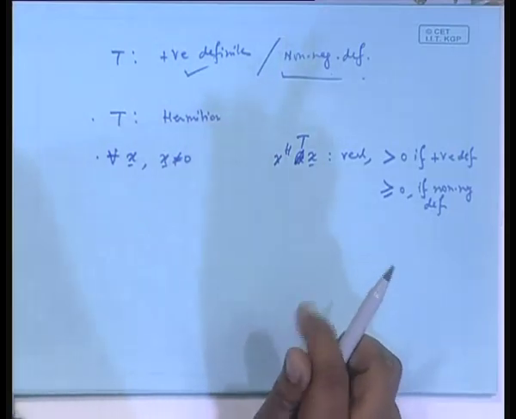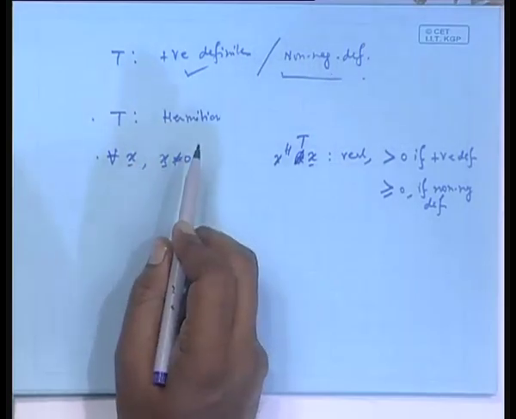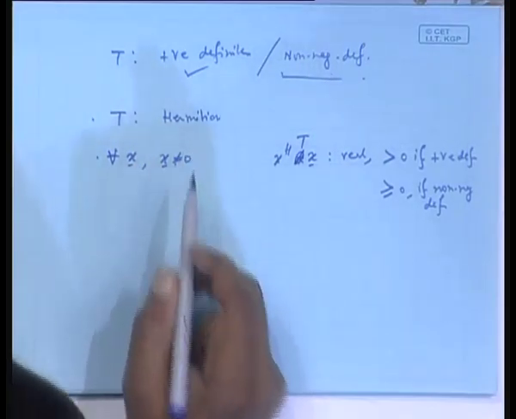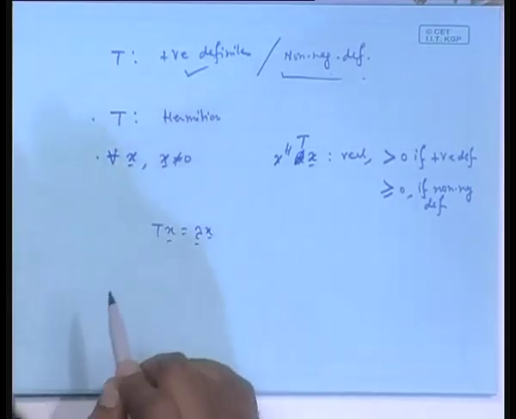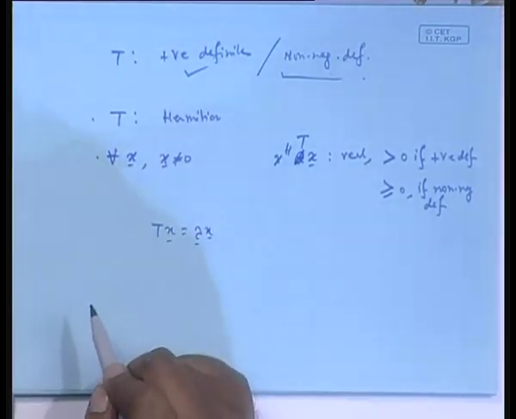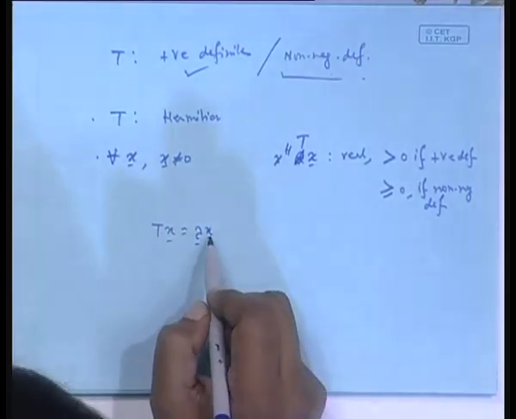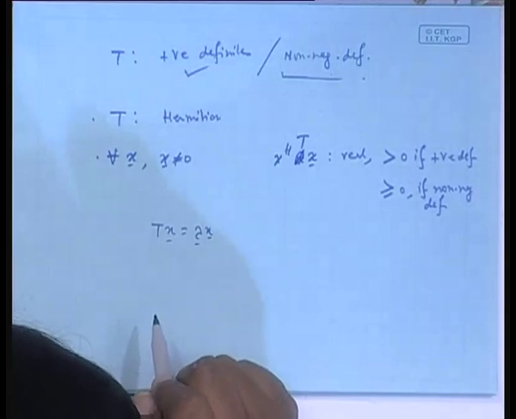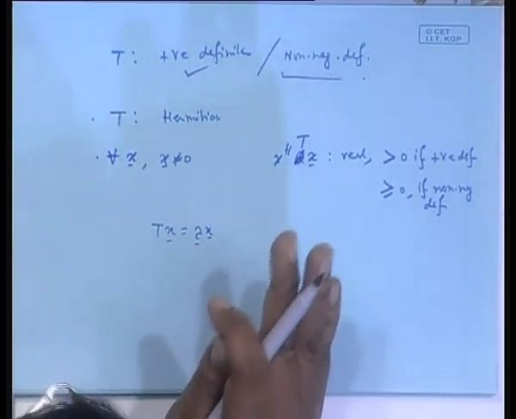In such a case, before I wind up in 1 or 2 minutes, just one property you see: T is Hermitian, right? Now, again come to that eigenvalue problem. Suppose x is an eigenvector of eigenvalue lambda for T. Lambda is real, we have seen, and x is a particular non-zero eigenvector, because an eigenvector cannot be 0.